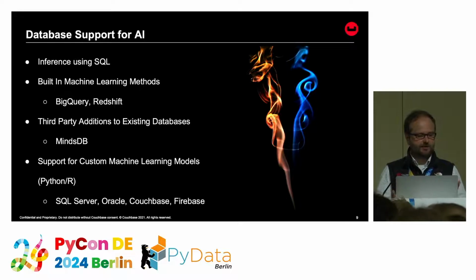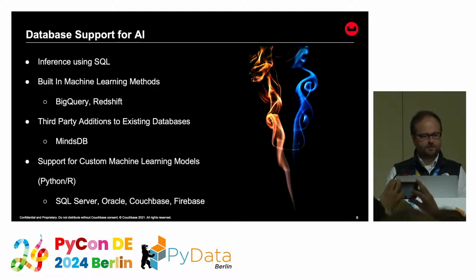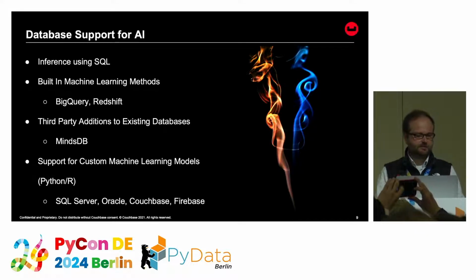This is done in a few different ways. So either it's built-in machine learning modules. So in the big clouds, the major clouds like BigQuery or Redshift, you can put your data inside and then you have your machine learning modules you can select from their storage they built in. Then there's third-party additions to the existing databases.